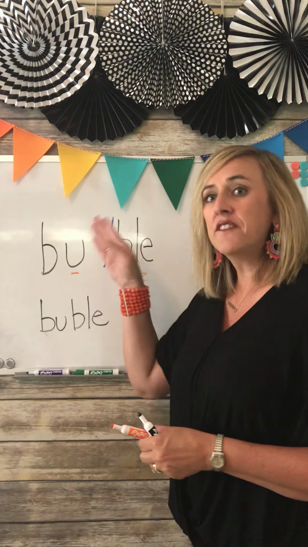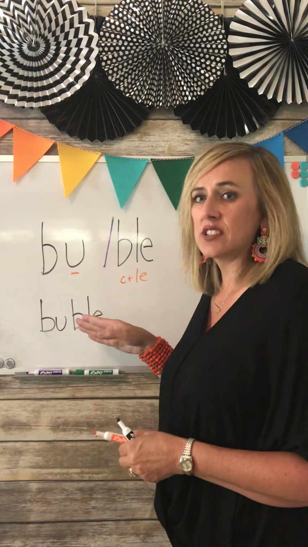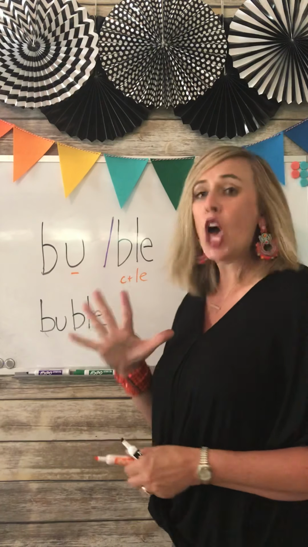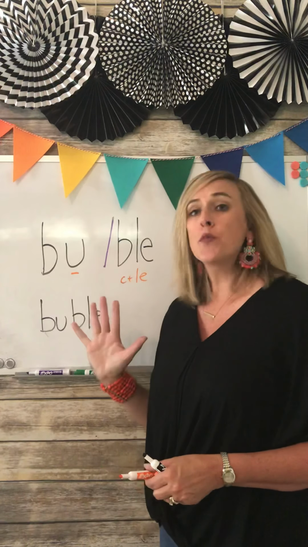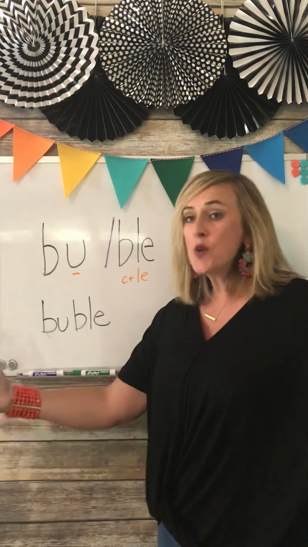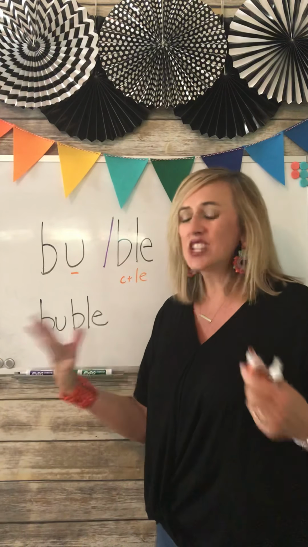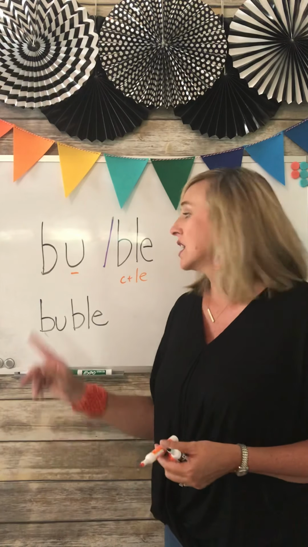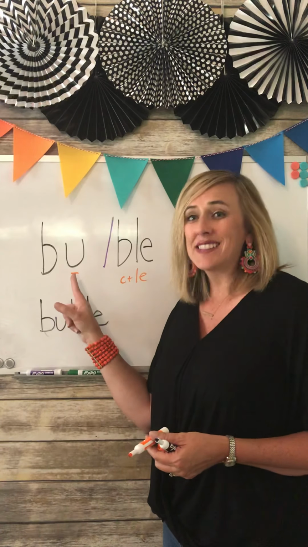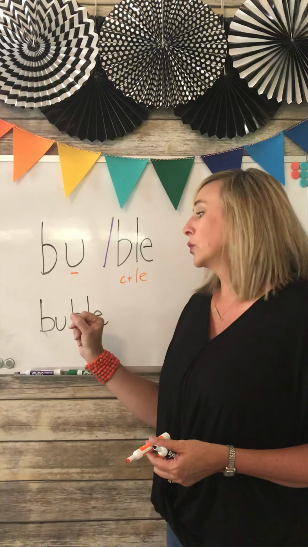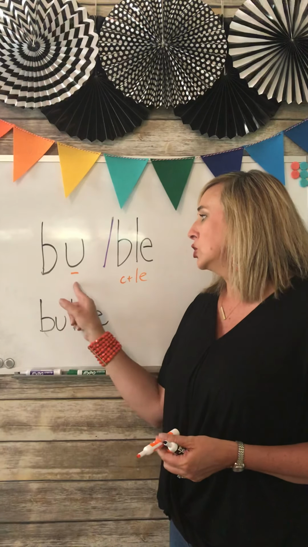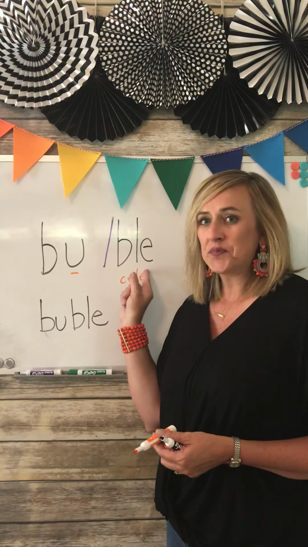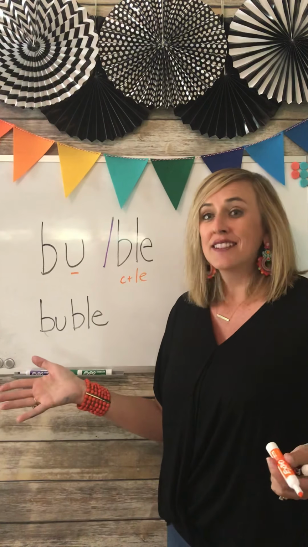When we have a vowel in that last position of a syllable, it makes it an open vowel. If it's an open vowel, the door's open for that vowel to say its name, to shout its name, so it makes this long sound. So according to the rules, if this was an open syllable, this would say U. So we would read this word, buble, buble. And no, that's not right.